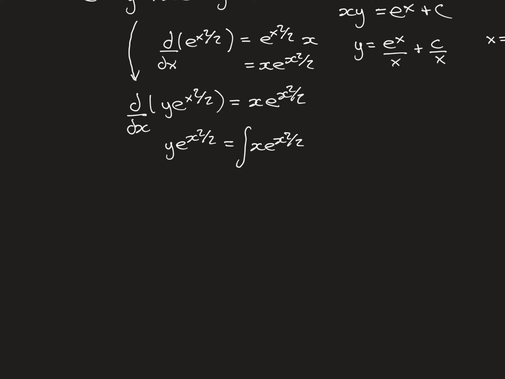So the antiderivative of that, well, we could do this by substitution, but just by inspection, we know that if we differentiate that, it gives us that. So its antiderivative is that. So this is equal to e to the x squared over 2 plus some constant c.